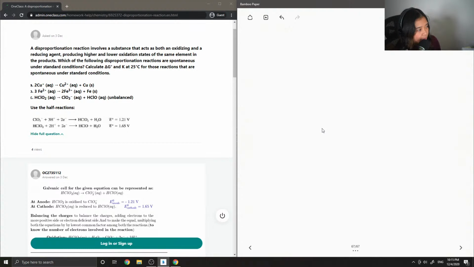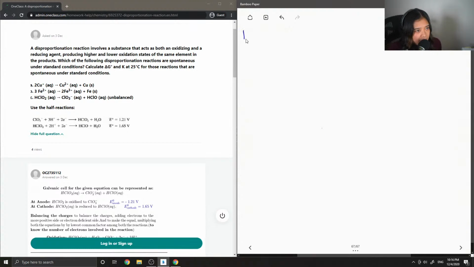So they have A and B, which I think are just examples of disproportionation reactions, and we are going to be looking at C. So I'm just going to write the unbalanced reaction down, and then I'll also show all the steps on how we would balance this.